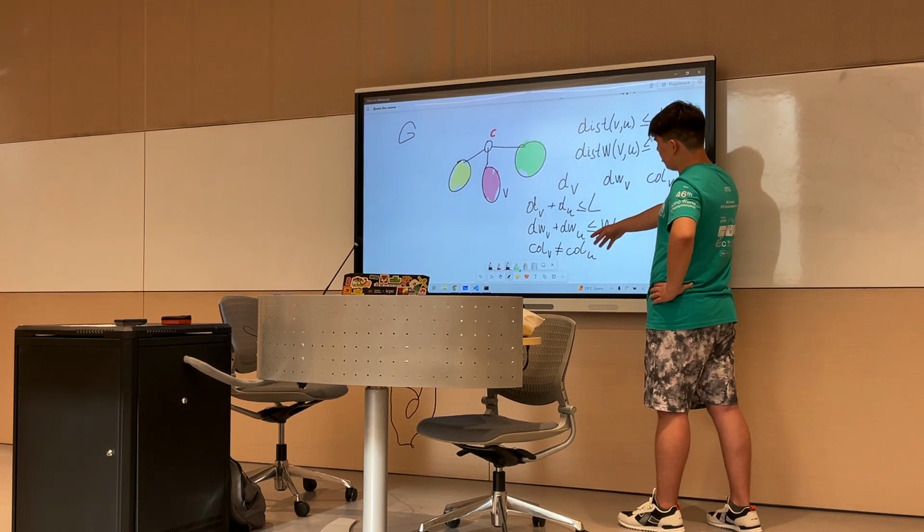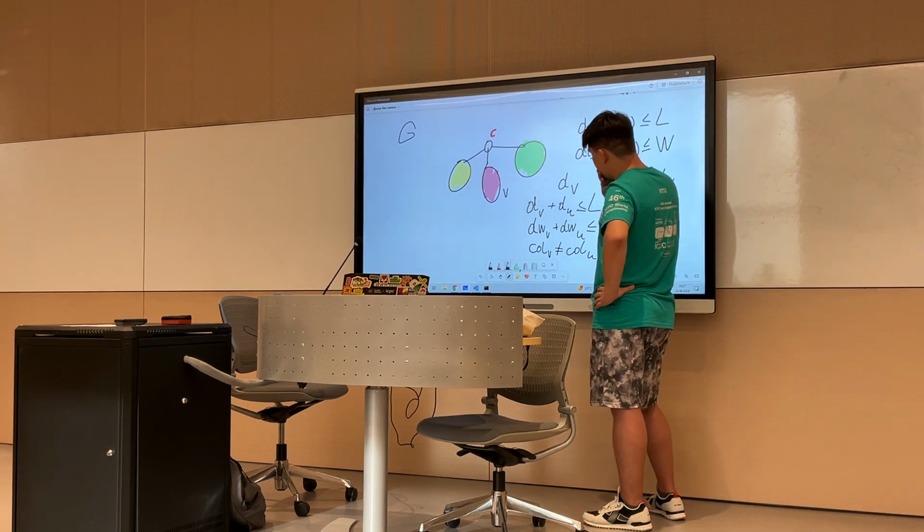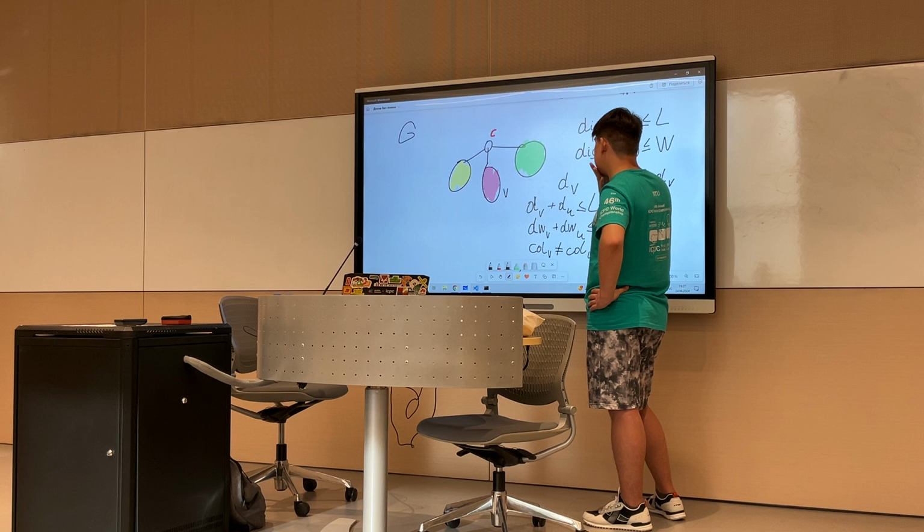For every pair of vertices V, U that lie in different subtrees, which means their colors are different, we need to add +1 to the answer. We need to calculate how many pairs.